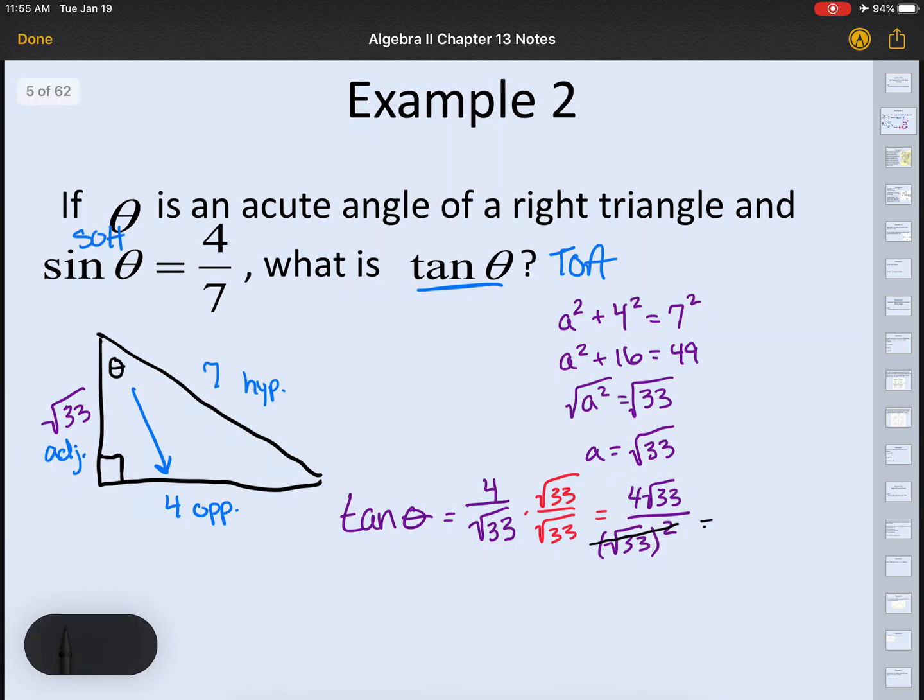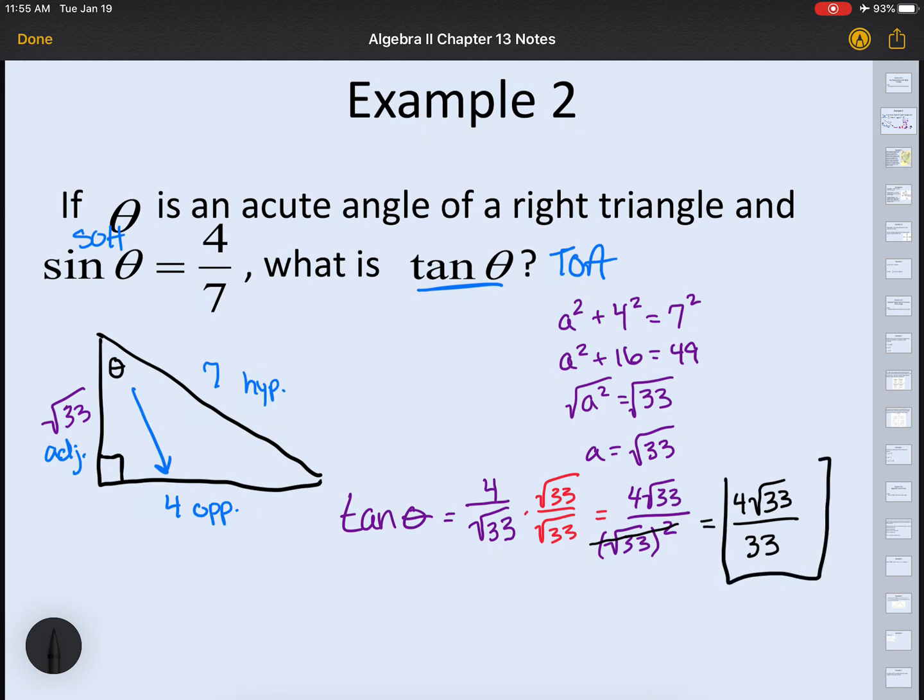So we're left with 4 root 33 all over just regular old 33, and we got that root out of the bottom. So here is our tangent of theta, 4 root 33 all over 33. So if you have a root in the denominator like that, make sure to rationalize it, or multiply it by itself in the top and bottom, in order to get that out of there, because we can't have roots in our denominator.